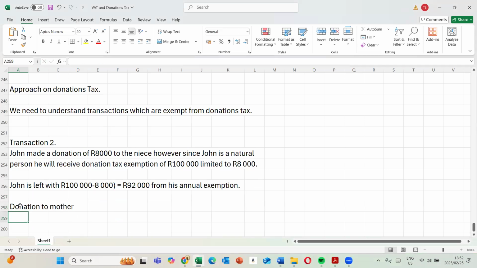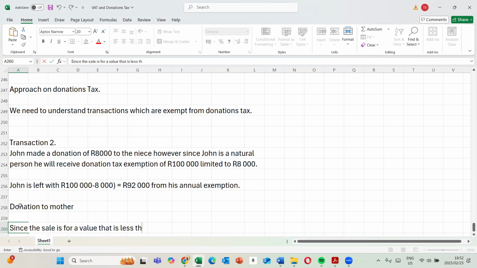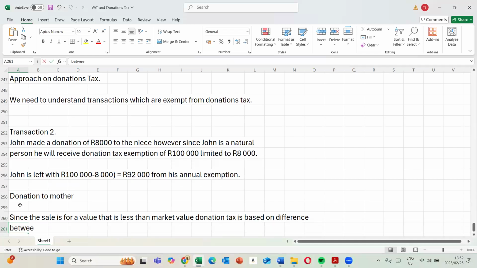So with regards to this, what's happening? Since the sale is for a value less than market value, donations tax is based on the difference between market value and selling price.